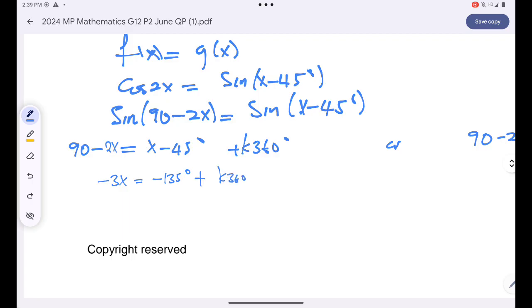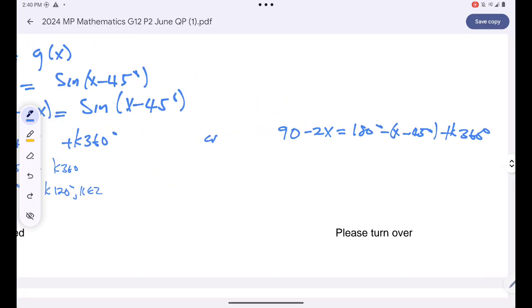Then divide everything by 3. So that means I'll have x being equal to 45 degrees plus k 120 degrees. I don't need to divide my period with a negative, guys. So this is just k an element of the integers.